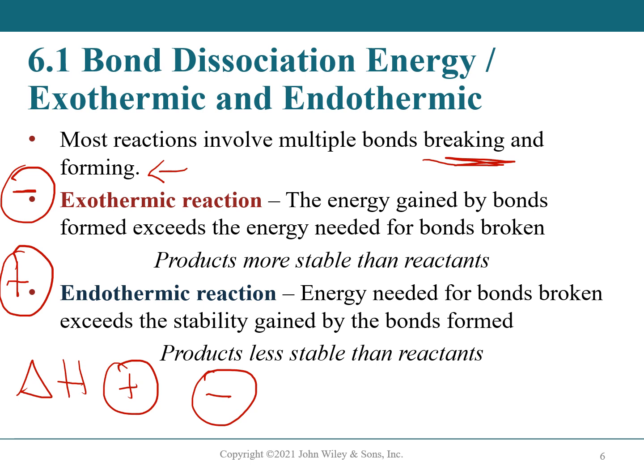And we can see that there's also some description about our products here. So products are more stable than reactants when we have an exothermic reaction. They're at a lower energy. And we'll look at some of these energy diagrams that relate to these types of reactions. And then an endothermic product would be less stable than the reactants.